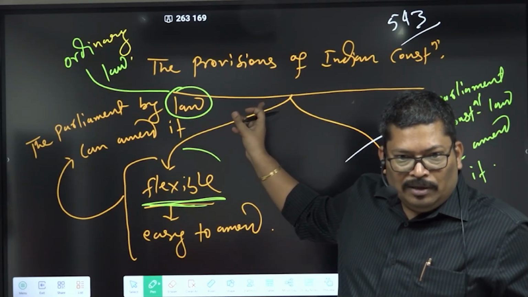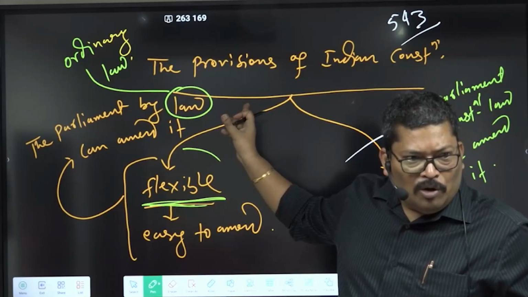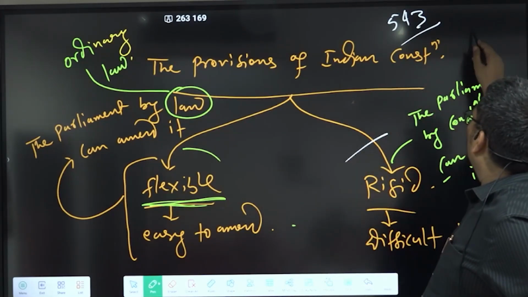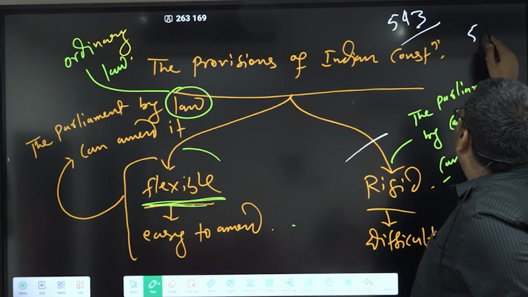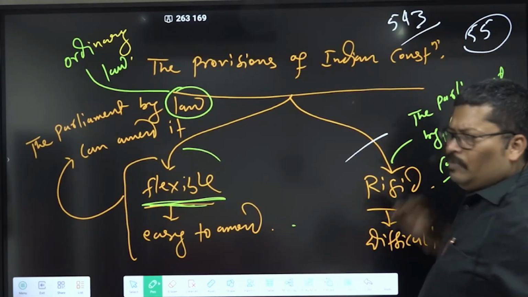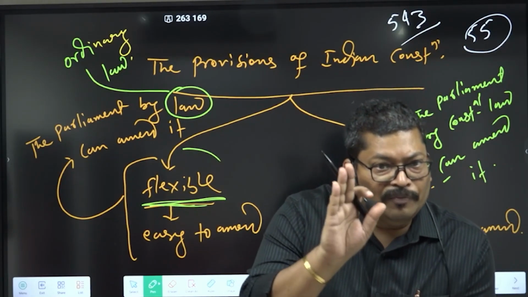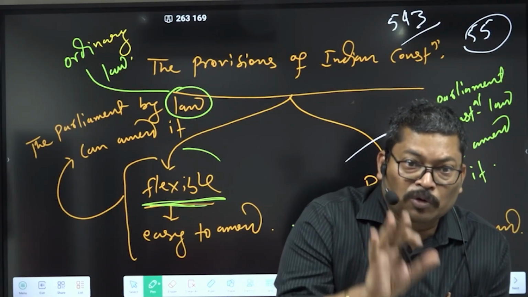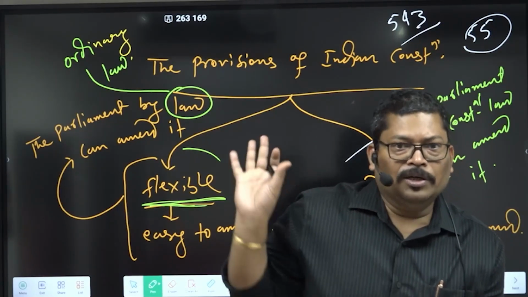What would be the figure for Lok Sabha quorum? 1/10 of 543 is 54.3, that is 55. So if 55 members are present in the Lok Sabha, the proceedings of Lok Sabha will be conducted.